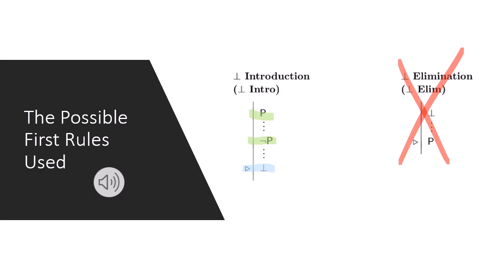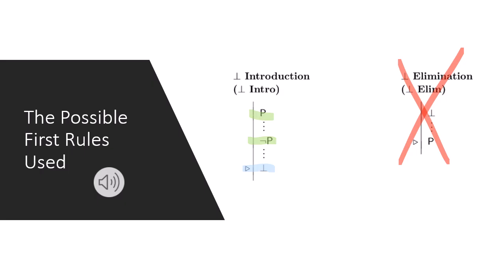On the other hand, we could introduce a contradiction on the very first step. And what that would require is that we'd have two sentences, P and the negation of P, somewhere above the line where we are applying contradiction introduction. Now, again, because this is the first rule, that would mean those lines in green there would be either temporary assumptions of a subproof or premises, and we could assume that they were true.